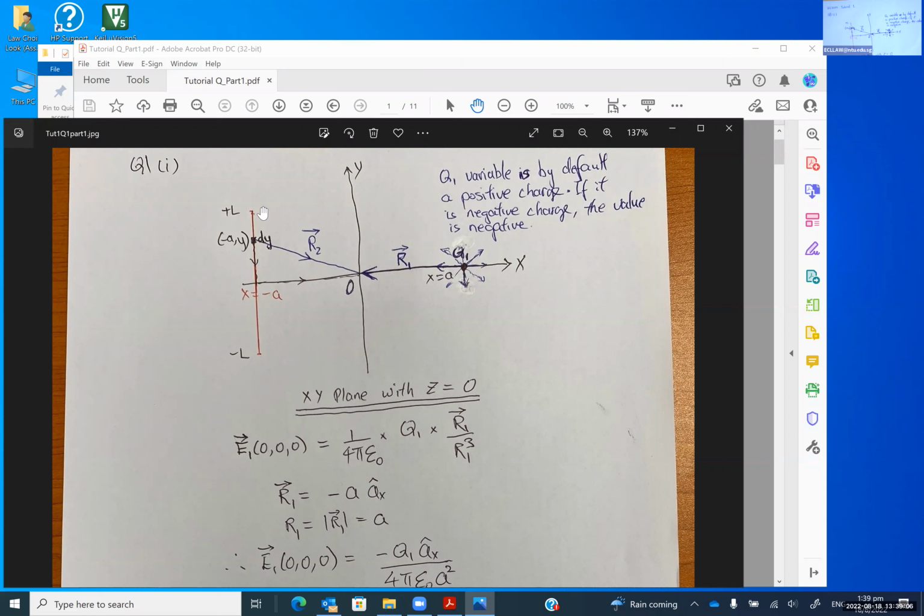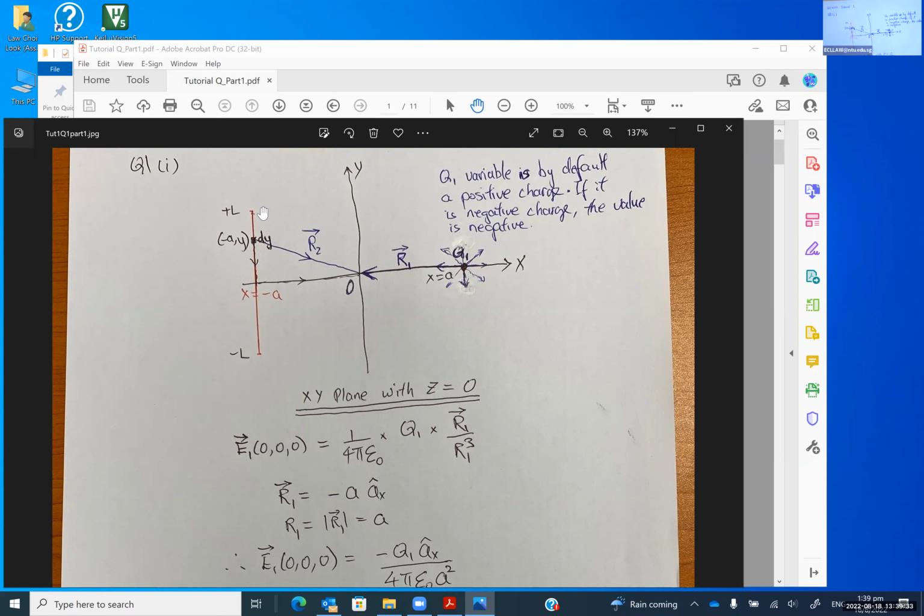Okay, so now that we have drawn the line charge in that xy plane with z equal to 0, what's the next step? What do you think? What's the next step? Anyone?